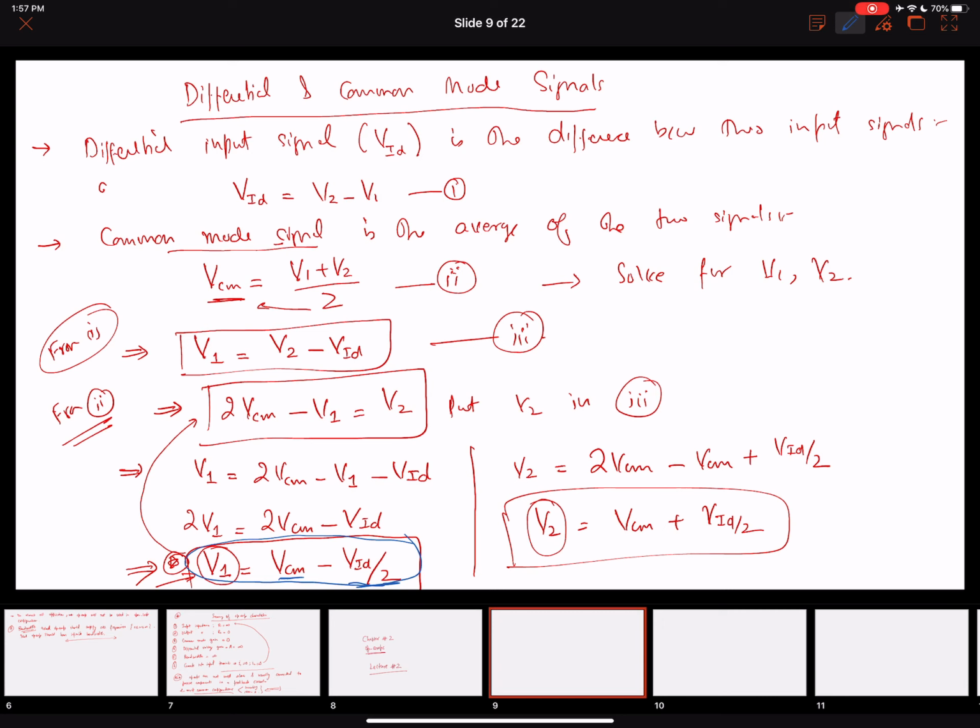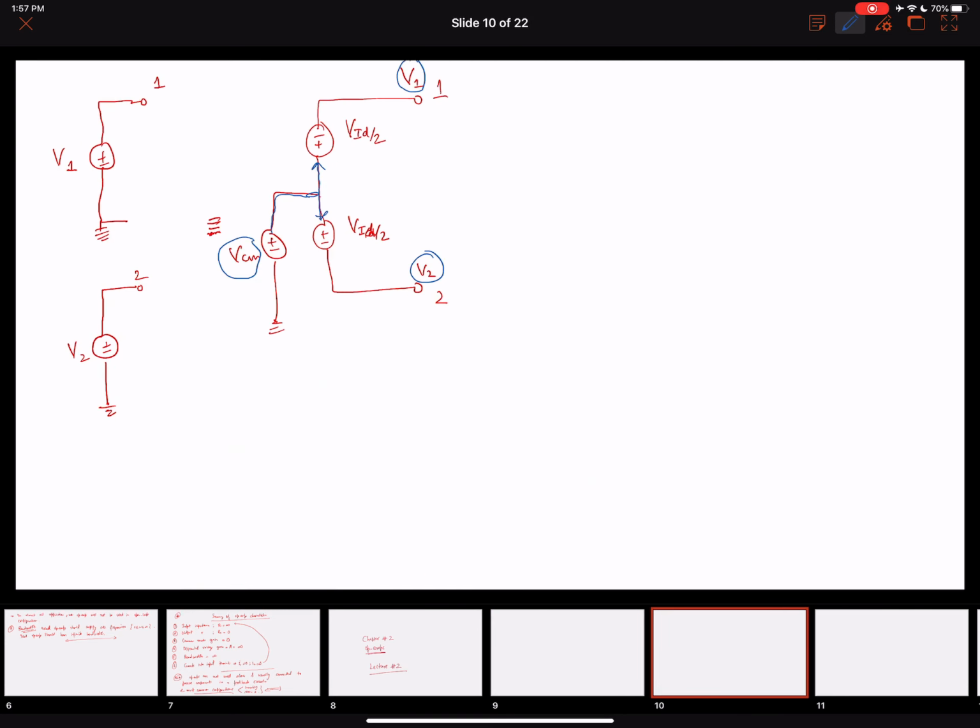This is how I can express both of them in terms of the common mode and the differential signal.